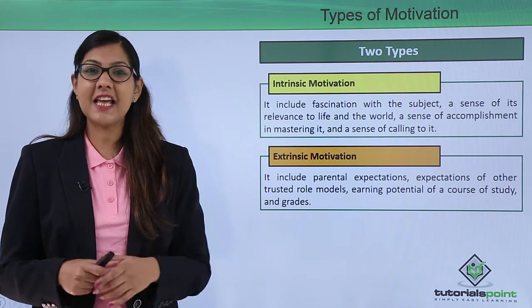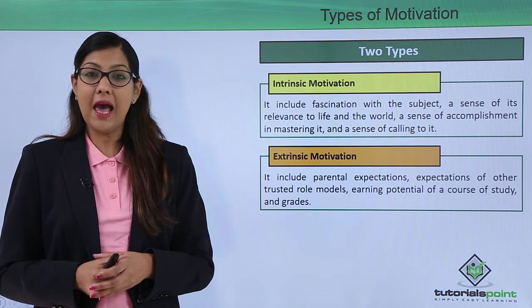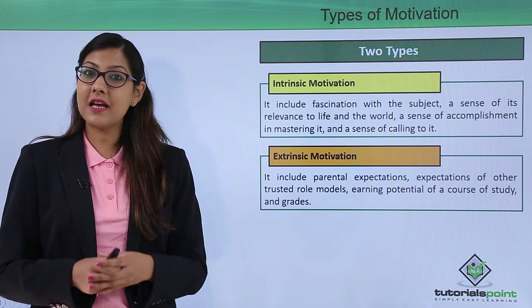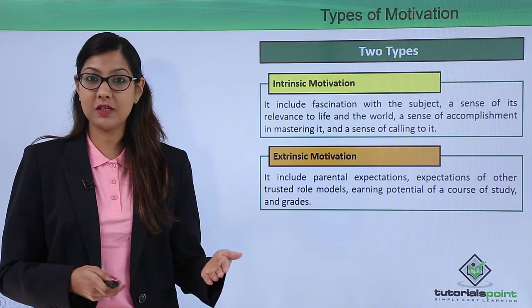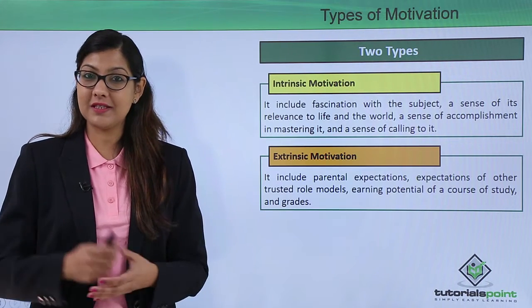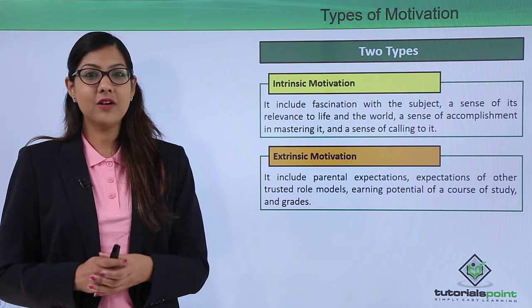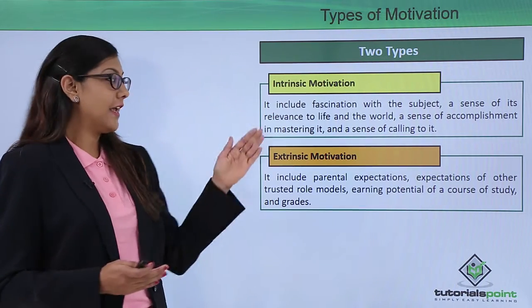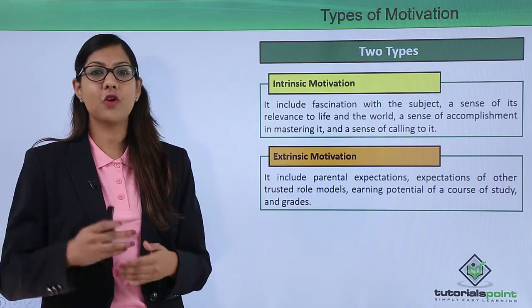If a student doesn't like maths, for example, and is not motivated to study maths, he knows that he has to study because his parents want him to get better grades or his teacher wants him to get better grades. However, the lack of motivation from within is there, and hence he looks for people to motivate him externally.